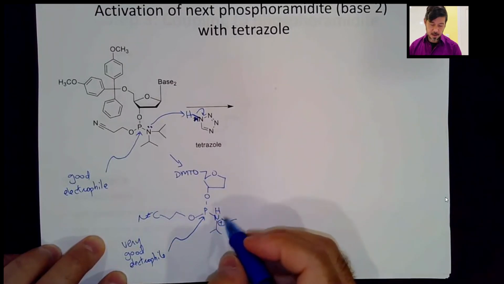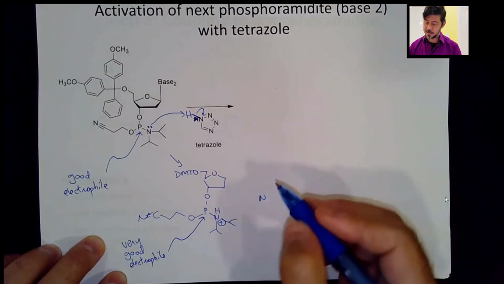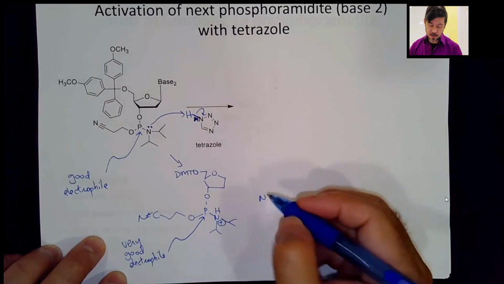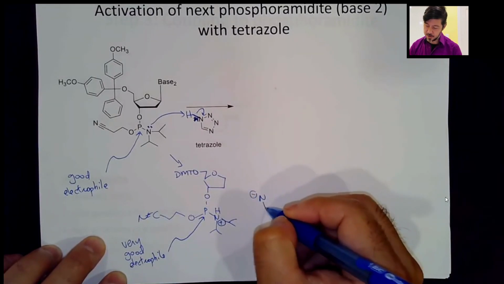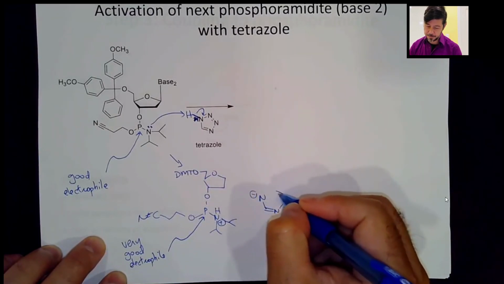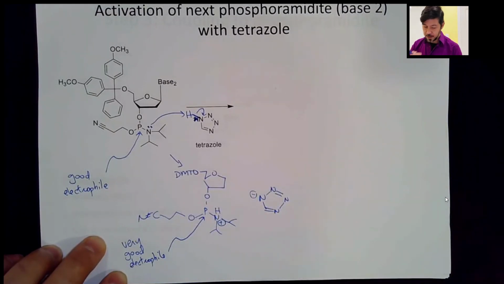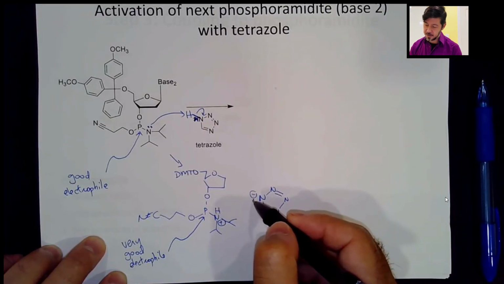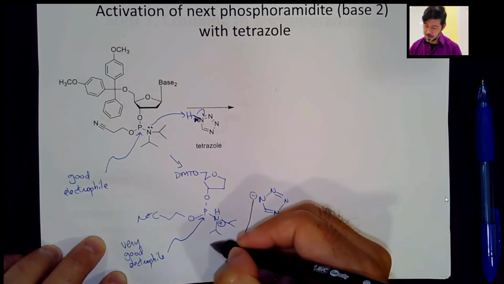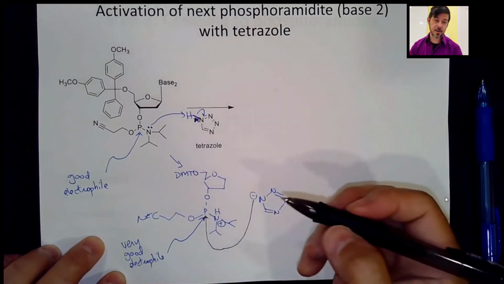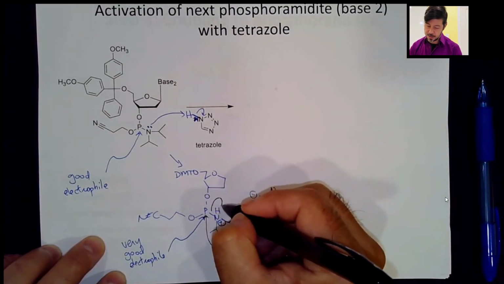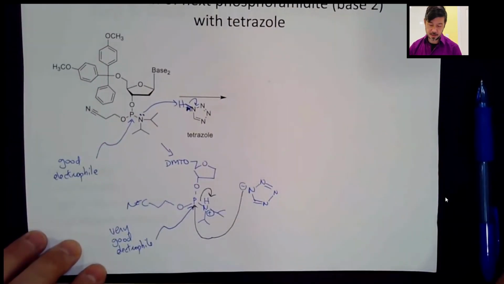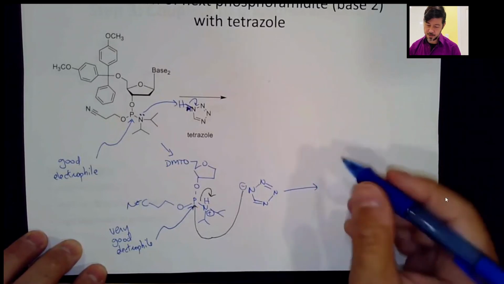Okay, now you have this tetrazolide anion that was made during the acid-base chemistry here. And so what can happen now is that this negative tetrazolide will come and it will attack this phosphorus, which is, as I said, a very good electrophile, and release off this diisopropyl amine.